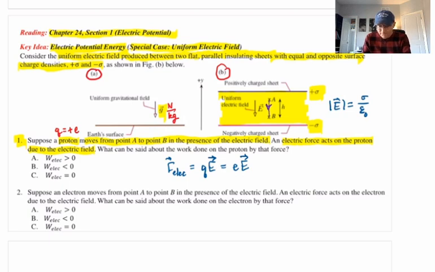With me so far? So here's our question. What can we say about the work done on the proton by this electric force? Is it a positive scalar quantity, a negative scalar quantity, or is it zero? Pause the video, think about that, get an idea please, and then come back.